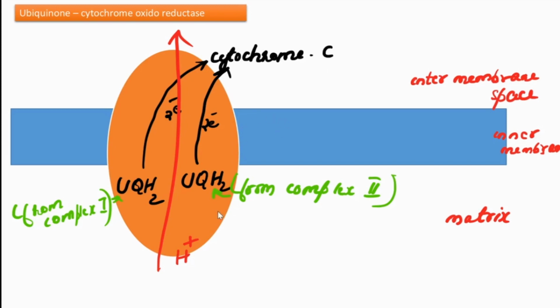Here also some free energy is available, and using that free energy, protons are translocated to the intermembrane space. That adds to the concentration gradient of protons generated across the inner mitochondrial membrane. Understand? Again, the concentration gradient increases.